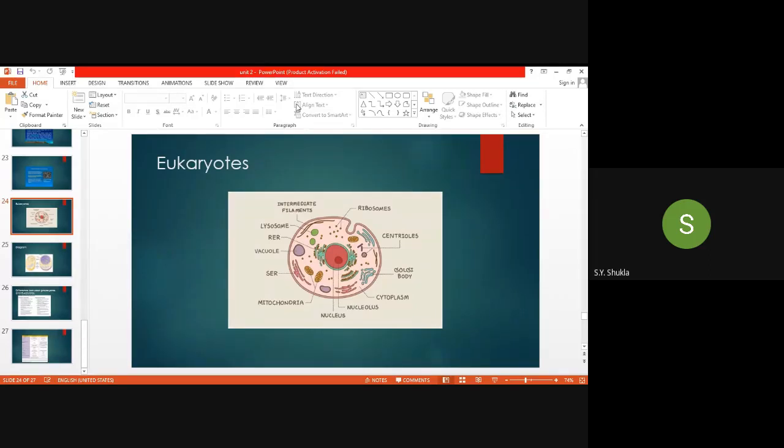Remember that. What is the S in 60S? S stands for the sedimentation coefficient or Svedberg's unit. Which type of ribosome here? 80S.